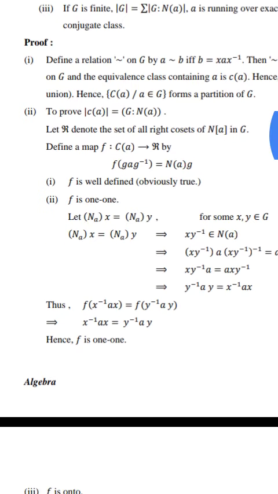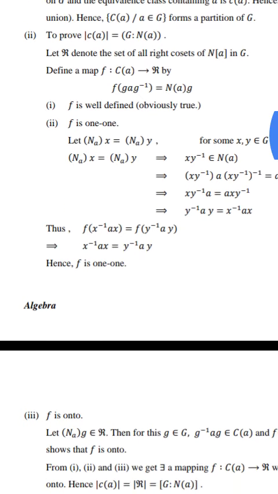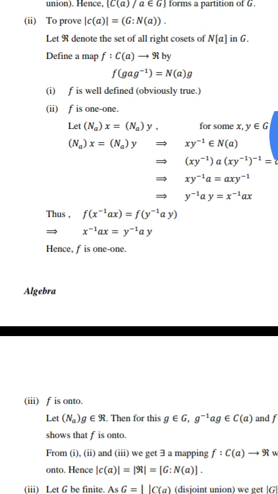Let R denote the set of all right cosets of N(a) in G. Define a map f from C(a) to R by f of g inverse a g equal to N(a) g. Obviously f is well defined. Now we have to prove that f is one-one. Let N(a)x be equal to N(a)y.